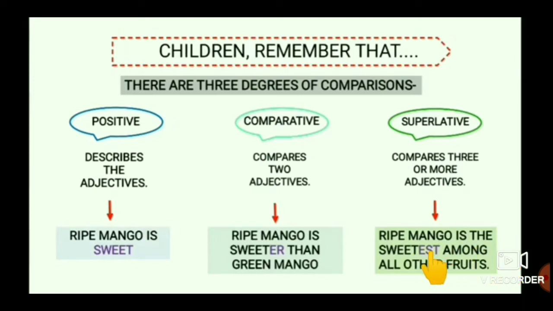That's why we use the EST form here. Understood? Sweetest. We add the letters EST to this adjective. In the earlier example there was a comparison between only two types of fruits. Here it is 3 or more, that means all other fruits. Okay.